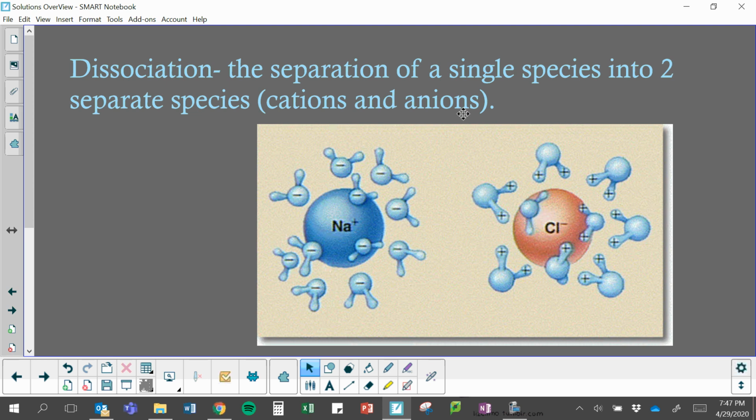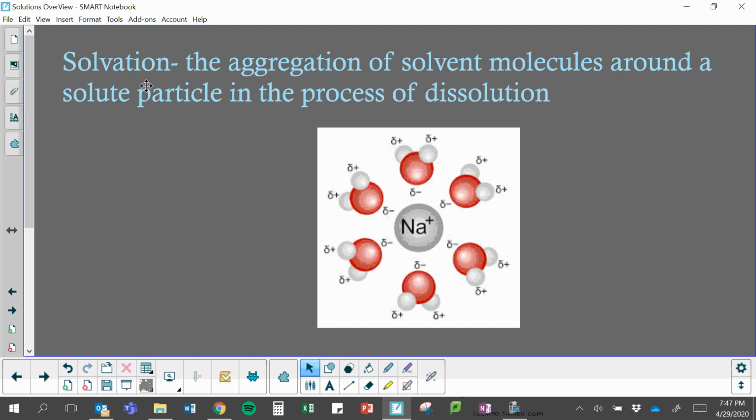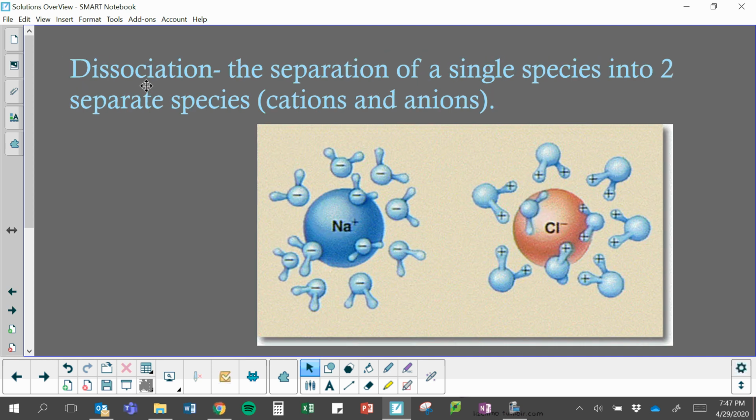So when we have things that are ionic bonds made of ions, when we put them into water, the partially negative and partially positive regions of our water molecule are going to help break apart the sodium and the chlorine ions so that they are separate. So this is different than the idea of solvation because that's the surrounding of the ion by the water molecules. Dissociation is when it's breaking apart and separating those two ions, the sodium and the chlorine.